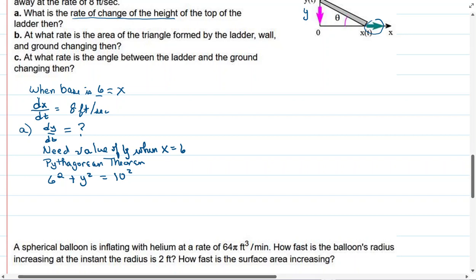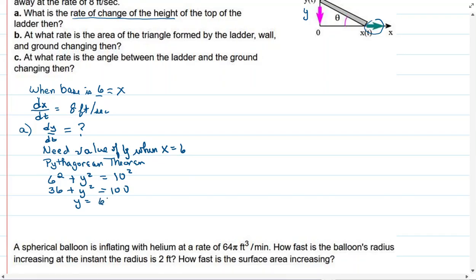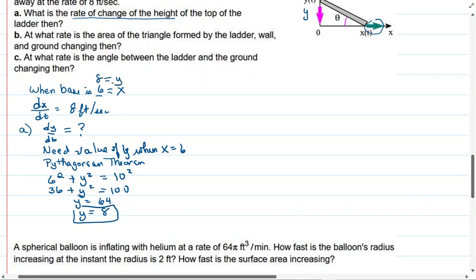That is our consistent length. What is that going to be? 64? All right. So we have now that if x is 6, then 8 is y. So we have the two outside values, and we want to find dy/dt.